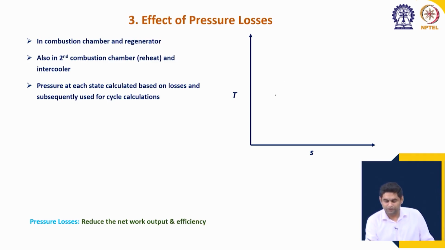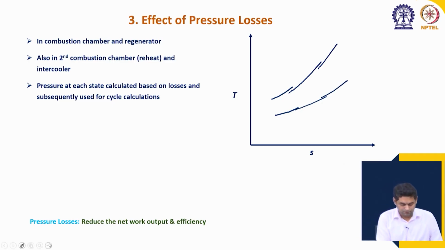For example, let us say that these are 2 constant pressure lines. Then this is another constant pressure line at a slightly lower pressure, and another constant pressure line like this. We will draw some more constant pressure lines and I will explain what we are doing.